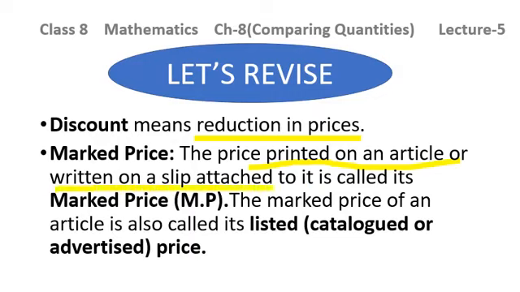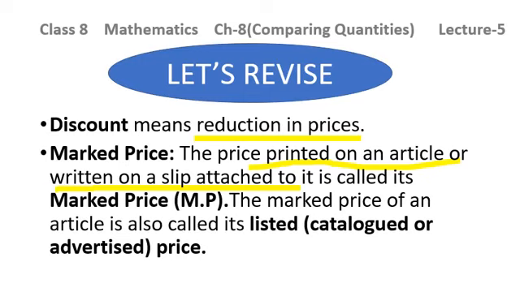This we have discussed in detail in the previous lecture, that whenever we purchase any article, any item, any commodity, a tag is attached to that particular item, and on that tag the price of the article is mentioned, and other details may also be mentioned there.